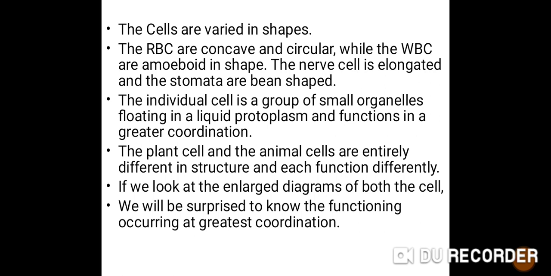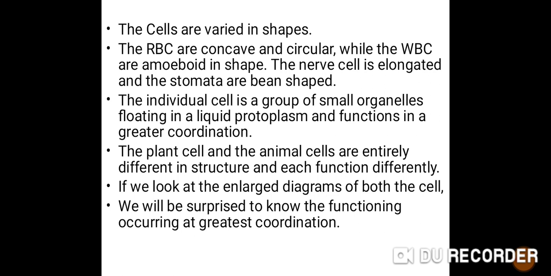These individual cells in a group form tissues, and these tissues organize and perform a single function, which we call an organ. These cells contain small organelles floating in liquid protoplasm and function in great coordination.